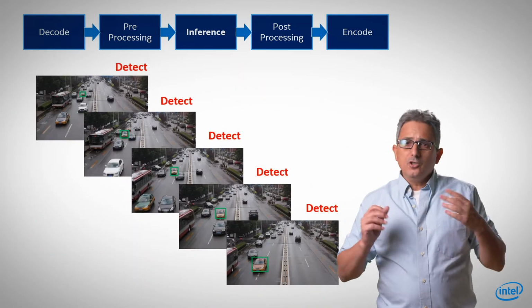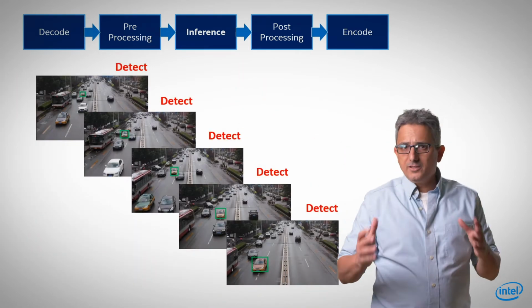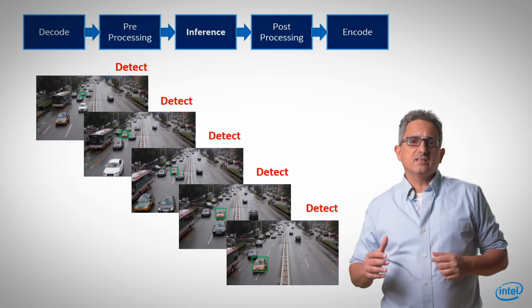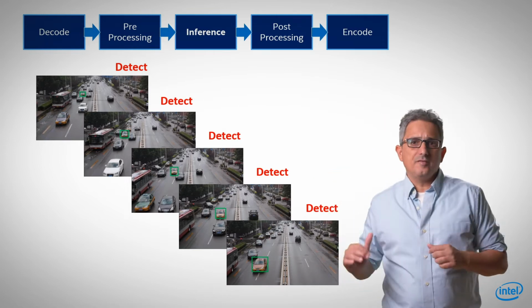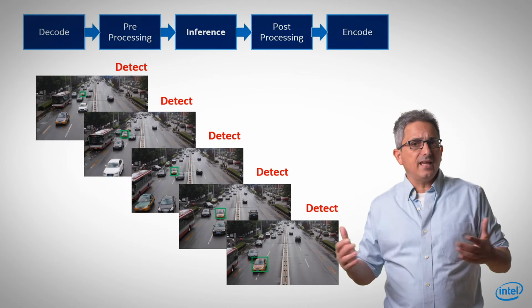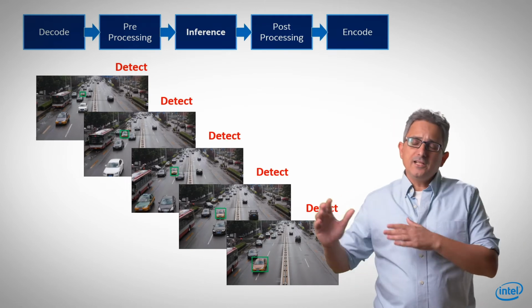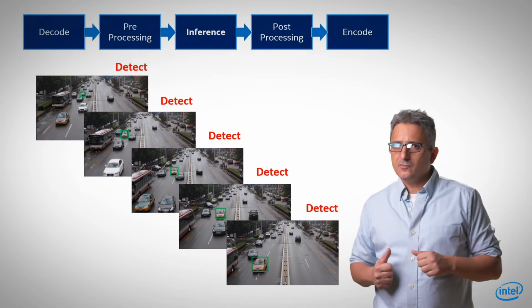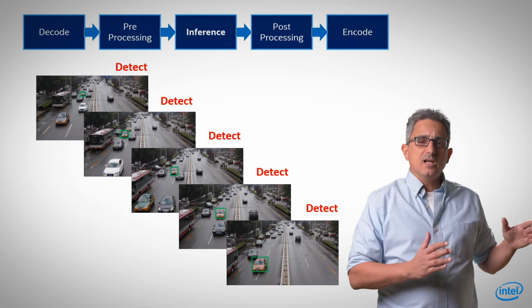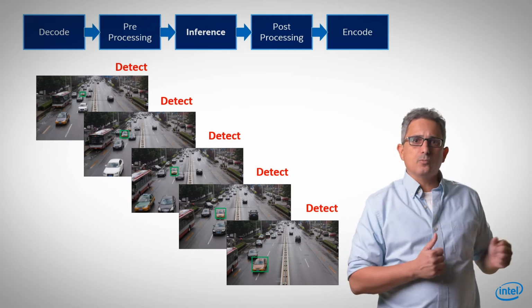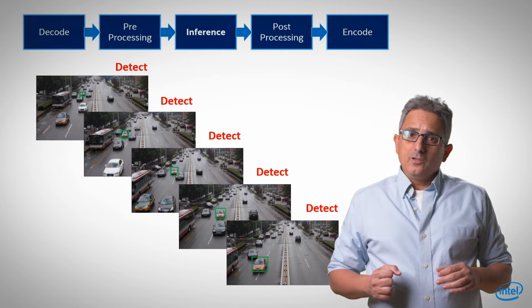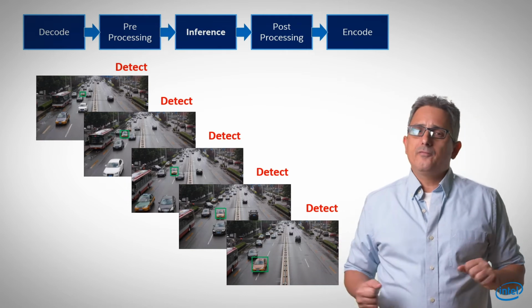But the objects are not moving that fast, and it is pretty obvious that this is the same taxi in all of these frames. So if I could detect the taxi on frame 0 and track it using less expensive operations on the next frames, I can save many inference operations. In general, many operations do not need every frame detection.